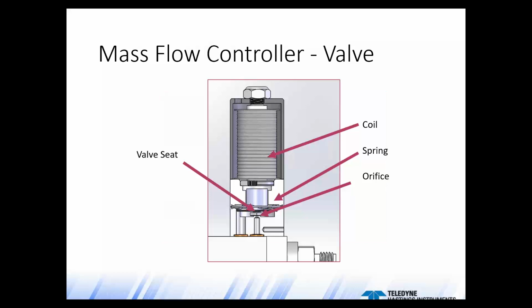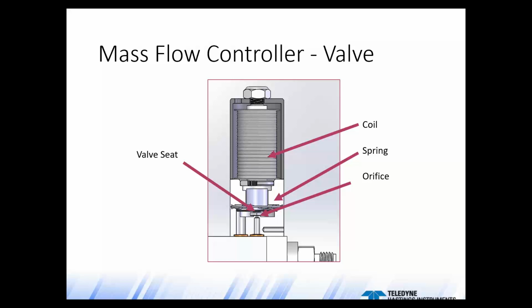The proportional valve shown here uses a solenoid coil for control. An orifice located at the bottom of the valve is going to limit the flow rate for a given gas and set of pressure conditions.